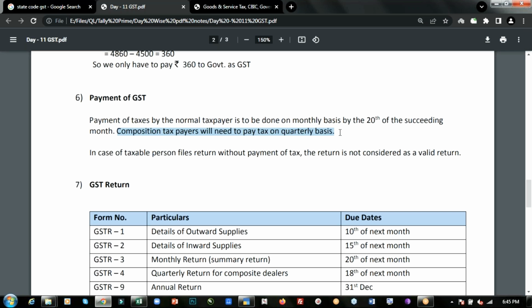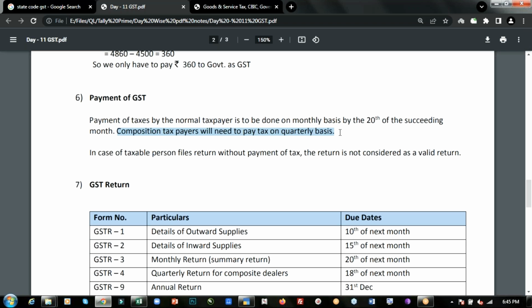Basically, under the GST, there are two types of registered persons. One is the normal taxpayer and the second is the composite taxpayer. Normal is also called a regular taxpayer. Composite taxpayers are basically those whose aggregate annual turnover does not cross the 1.5 crores threshold limit.